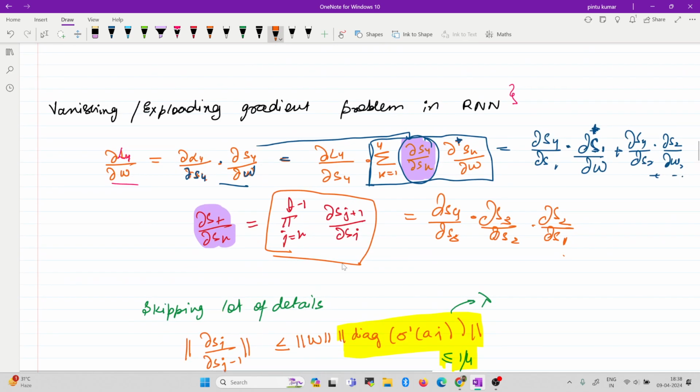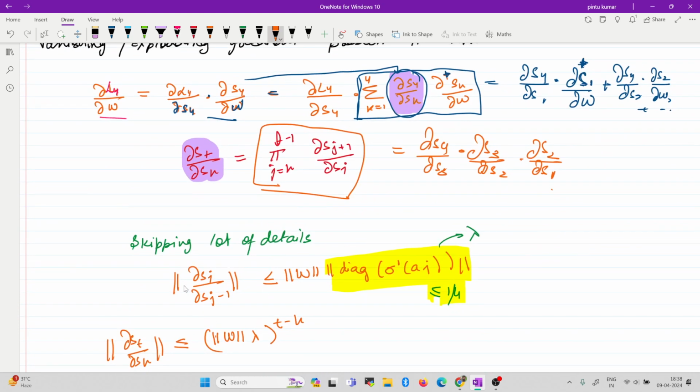Again, I'm skipping a lot of detail, but if you bound this quantity, del Sj by del S(j-1), so j and just previous to it, j minus 1, the terms that appear in the product over here, for example del S3 by del S2, these kinds of terms are bounded by the norm of W. W is the matrix that we have been talking about in RNN.